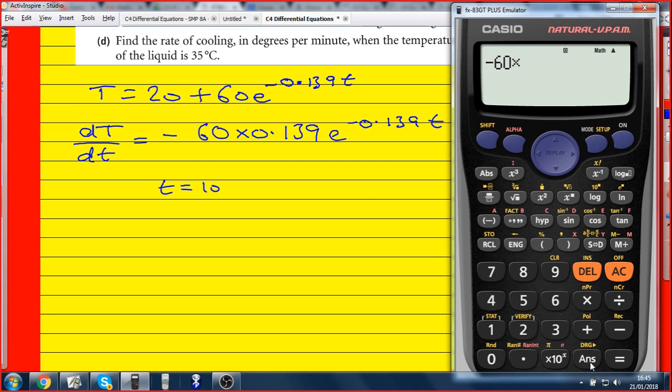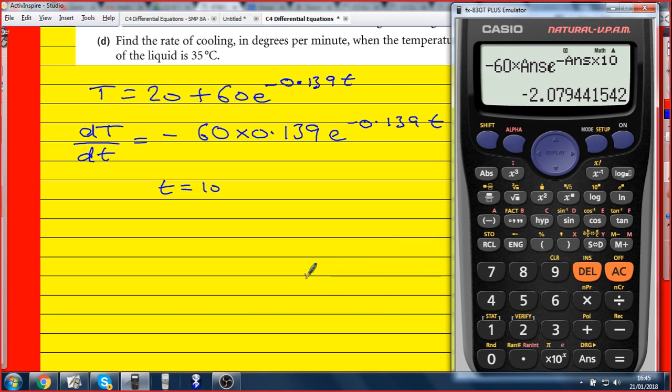Yeah, because the rate is decreasing, so it'll be negative. So that's alpha e to the power of minus that answer, 0.139 thing times 10. Hopefully that's all fine.